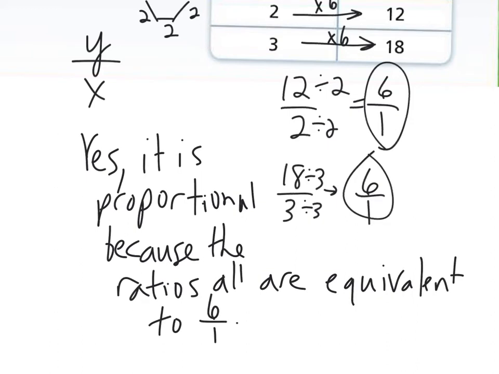Now, if you did it the other way, if you did the X over the Y, then it would be 1/6 instead of 6/1, but they would both be equivalent. And so either way, that's showing that it's proportional.